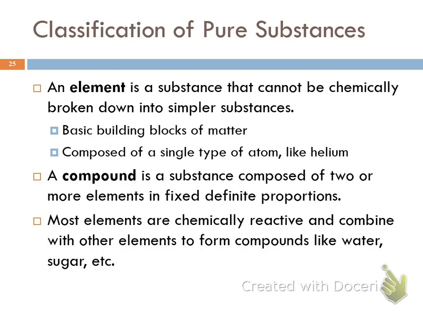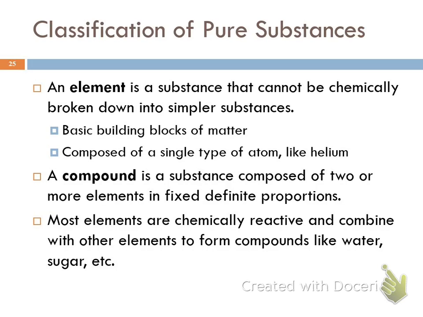So an element cannot be chemically broken down into simpler substances. These are the basic building blocks of matter. And so you're going to have one kind of atom, such as helium, and it's just all helium, and you can't break those individual particles into anything smaller. A compound has 2 or more elements. What makes this very different from a mixture is that it's a fixed, definite proportion.